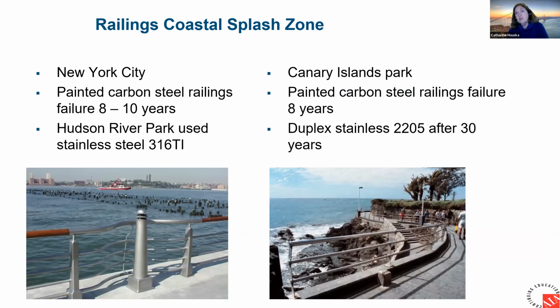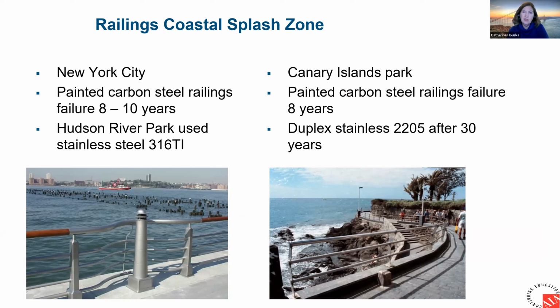These are railings that are regularly going to be splashed. And when I've talked to people around the world who are making decisions about railings, I regularly hear that painted carbon steel railings, even painted annually, tend to fail within 8 to 10 years.